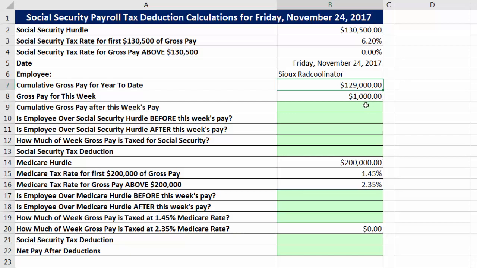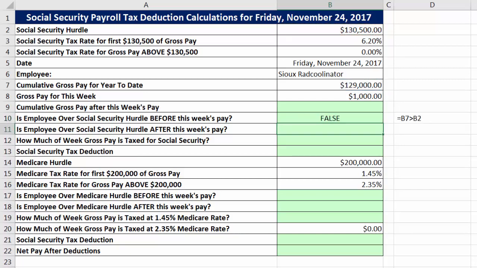Then we'll have to compare what the cumulative total for gross pay is after this paycheck and then move forward through our calculations. So the first thing we want to calculate is the employee over the Social Security hurdle before this week's pay? Well, we, of course, can do an Excel logical formula equals are the cumulative gross pay to date greater than, without an equal sign, the hurdle.